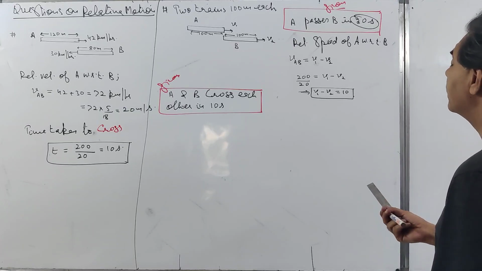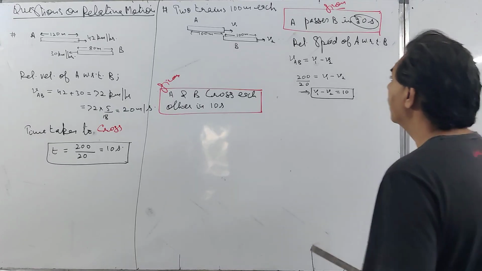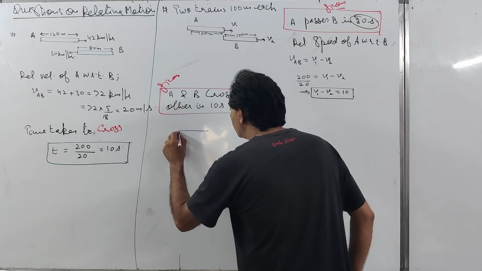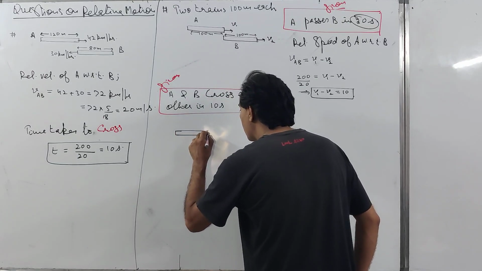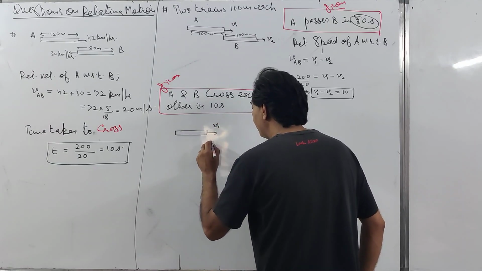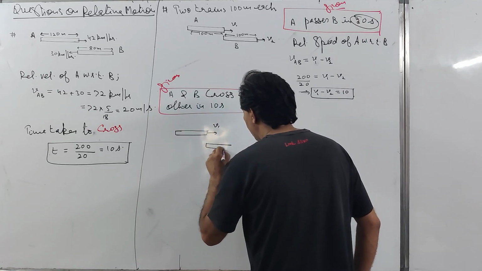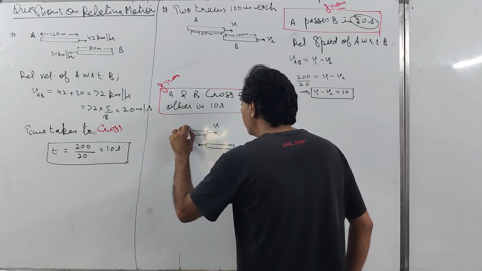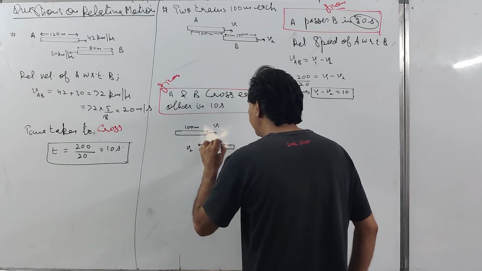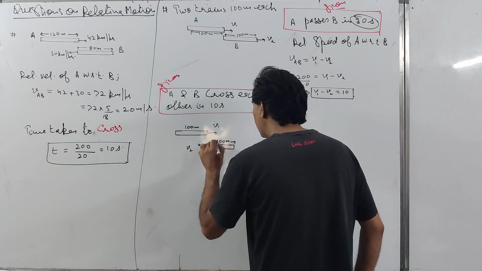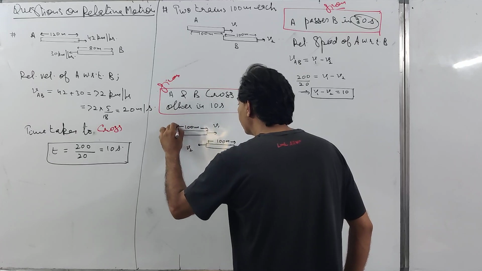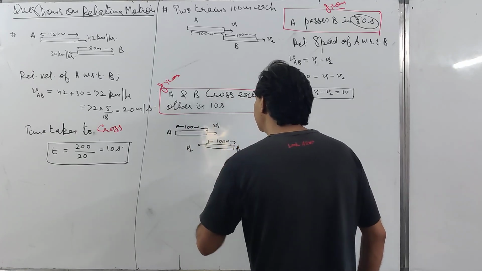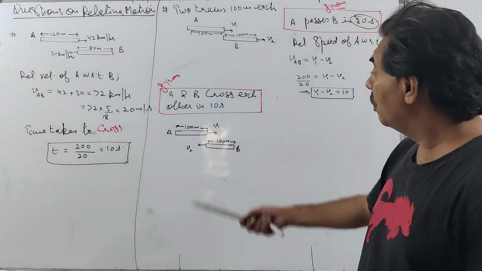So what we have here is that these two trains, speed V1, speed V2, 100 meters, 100 meters, A, B. What is the velocity of A with respect to B?